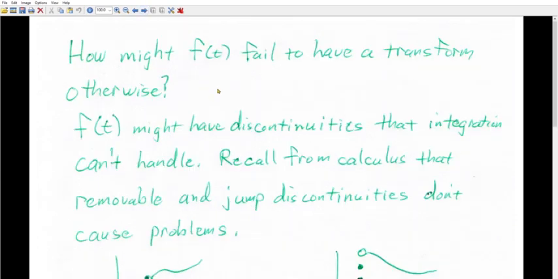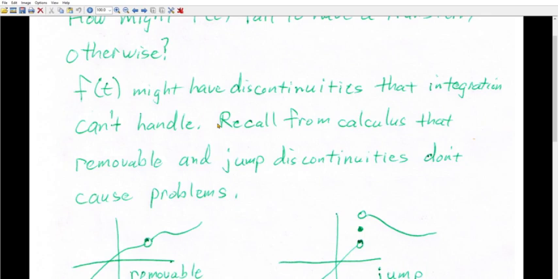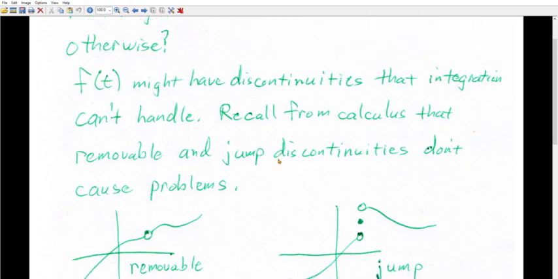How might f of t fail to have a transform otherwise? Well, if you remember when we were looking at integrals in calculus, f of t might have discontinuities that integration can't handle. Among other things, there were infinite discontinuities where you ran into trouble. Now what I want you to recall from calculus is that removable discontinuities and jump discontinuities don't cause problems when you're integrating.